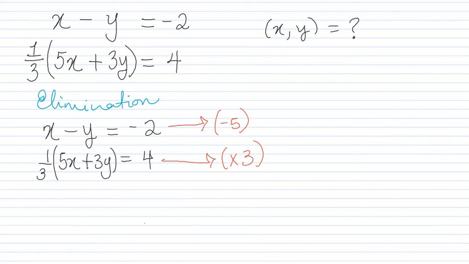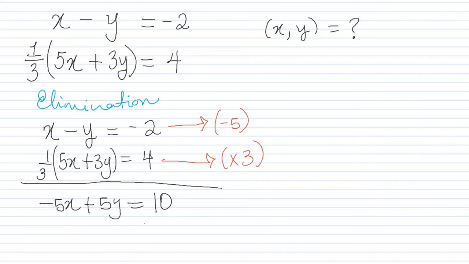So when I go ahead and do this, the first equation becomes -5x plus 5y equals +10. And then 3 times 1/3 (5x plus 3y) is just 5x plus 3y equals 12.